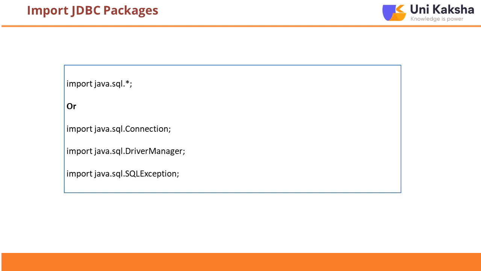Star means you are going to call all the libraries related to SQL. And in the second, I have written different statements to access a particular library in my program. So these are the two ways you can import the JDBC packages.